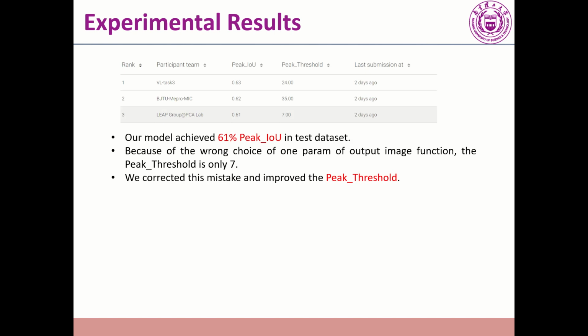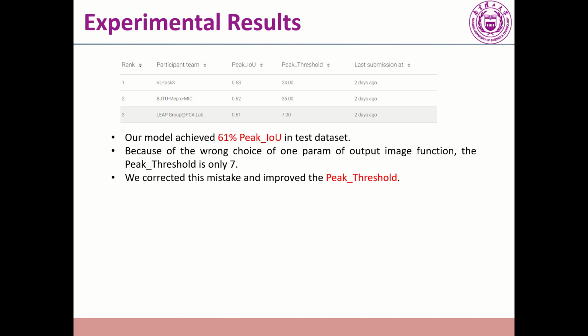Okay, experimental results. Our model achieved 61% peak IOU in test datasets. Because of the wrong choice of one parameter of the output image function, our peak threshold is only 7.